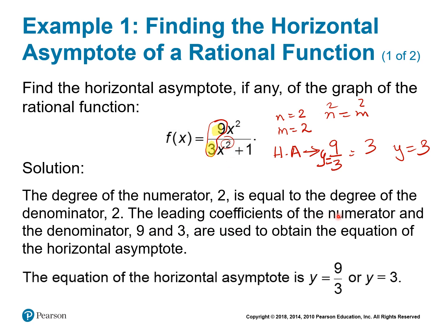The leading coefficients of the numerator and the denominator, 9 and 3, are used to obtain the equation of the horizontal asymptote. The equation is y equals 9 divided by 3, which is what we did too. Once we simplify this, we get the line y equals 3.